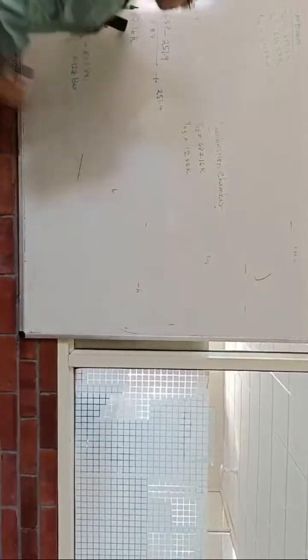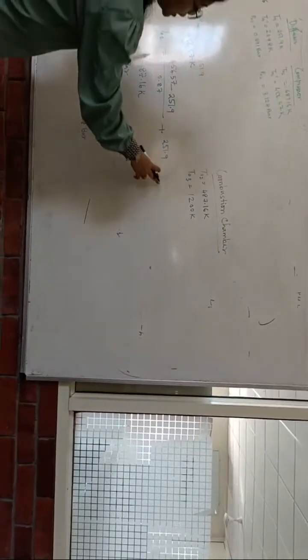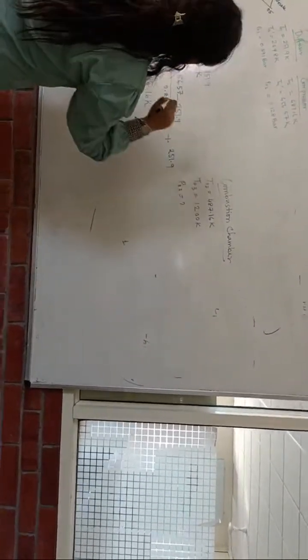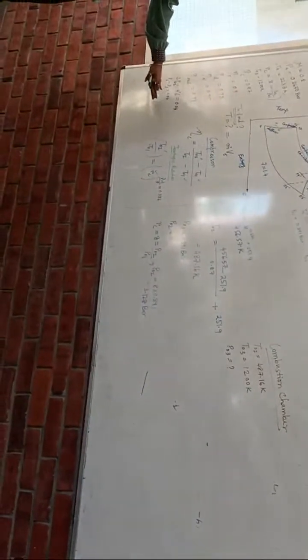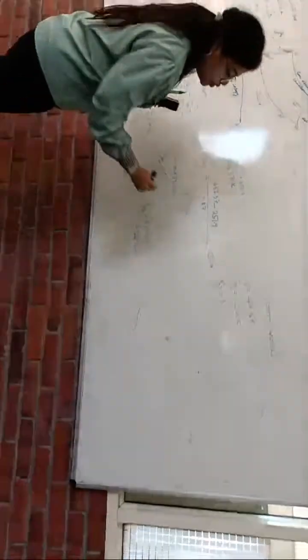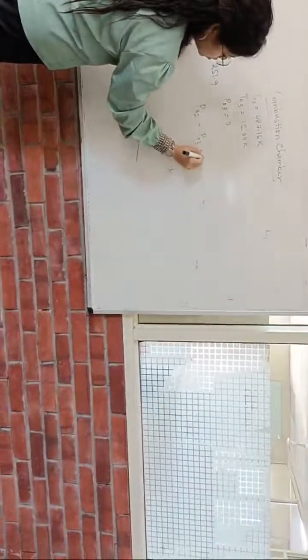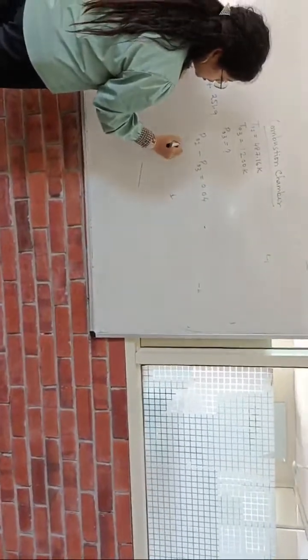Now what is the unknown? P03 we have to find. The pressure loss is given. As per the given data, pressure loss P02 minus P03 is 0.04.